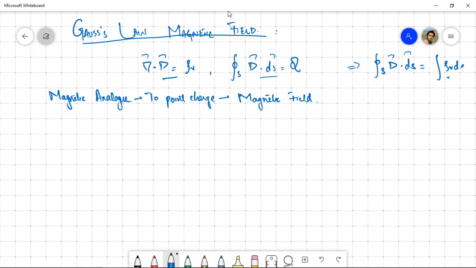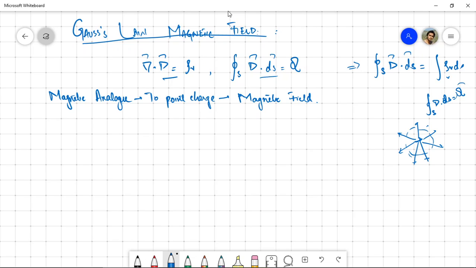Because if we had a positive charge and imagined a sphere around it, there were a lot of electric lines of force emitting from this charge, and we calculated the value of D·dS for this whole closed surface. As a result, we had some value, and we said that value was equal to the charge enclosed.